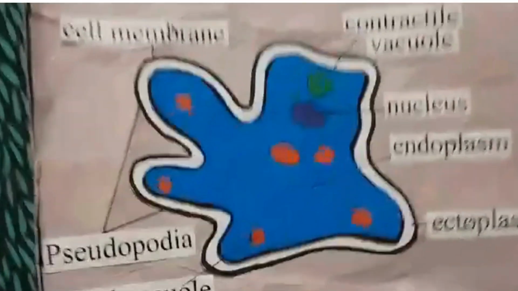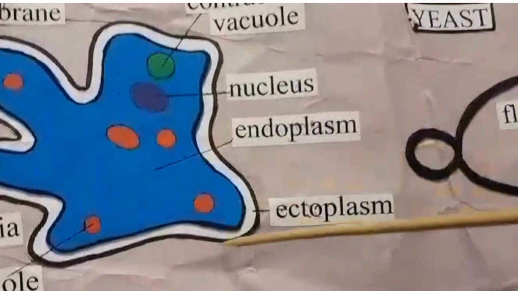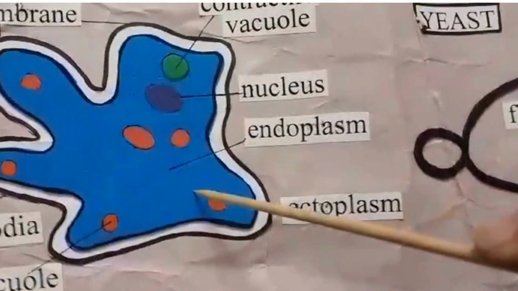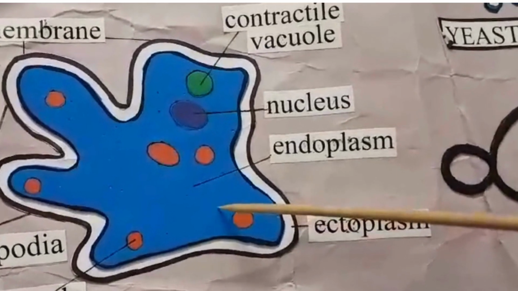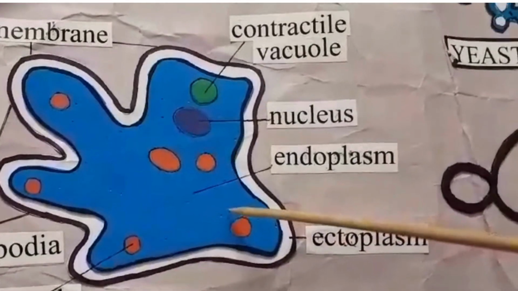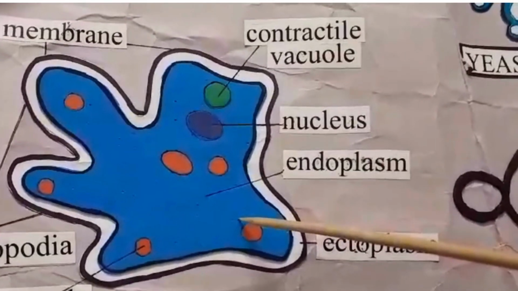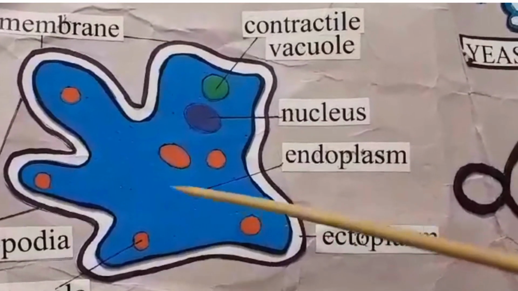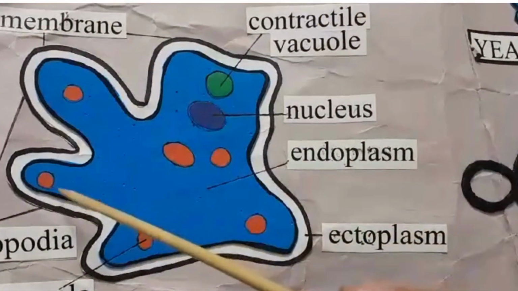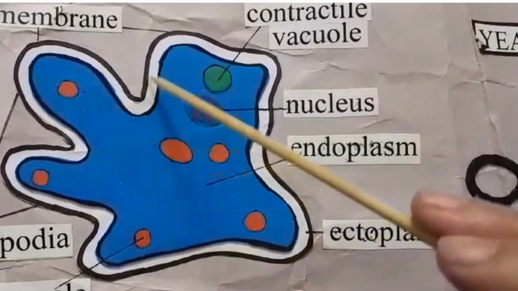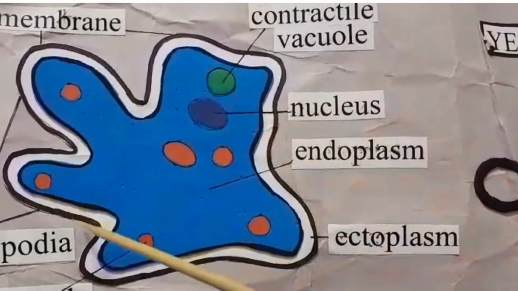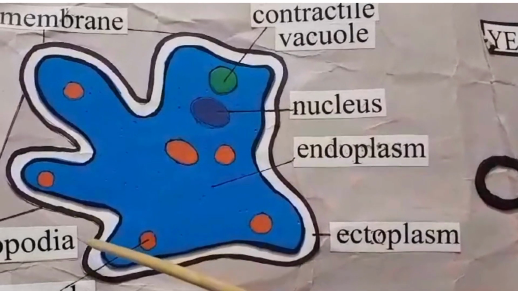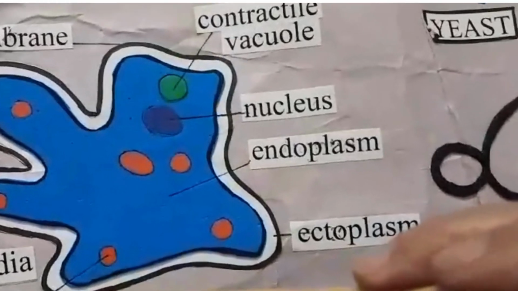Then we have another unicellular organism, which is amoeba. Amoeba is a unicellular animal as it doesn't contain chloroplast. It has these finger-like parts called pseudopodia, and they are used for movement.